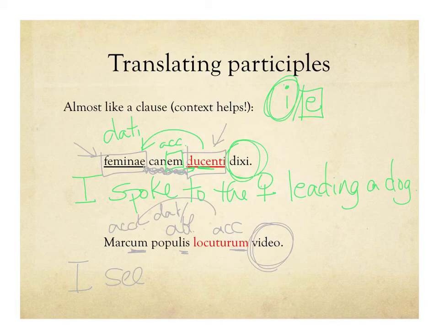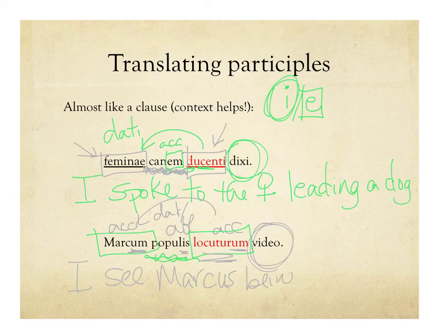And then we've got this thing in the middle. Again, looks like we have a sandwich, right? With this, and then something in the middle. So what are we going to do? I see Marcus. And what is Marcus doing? Locutorum.